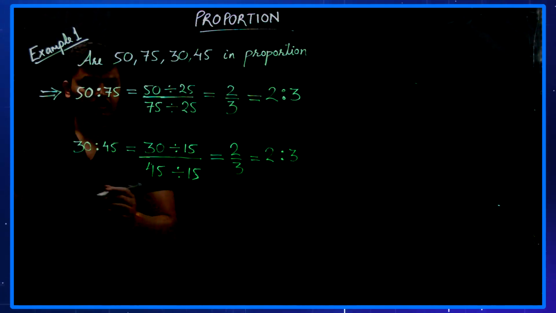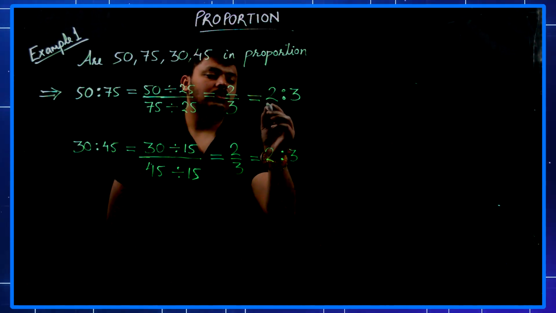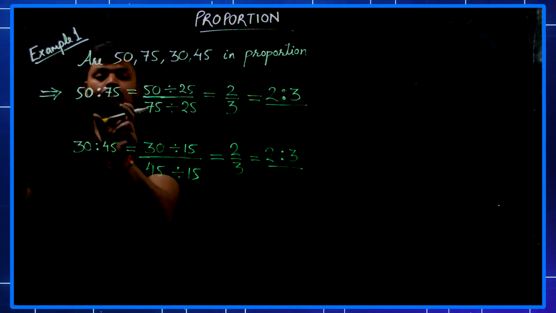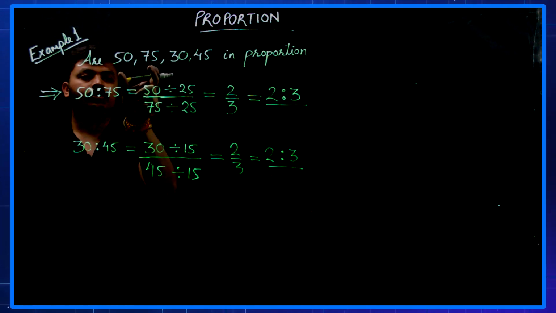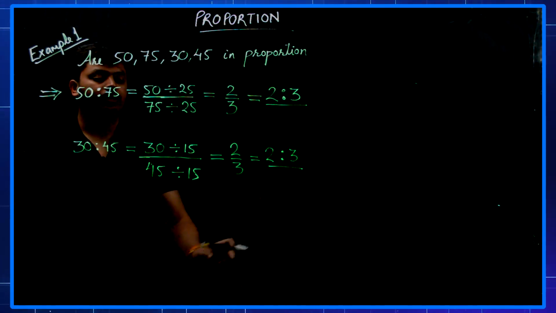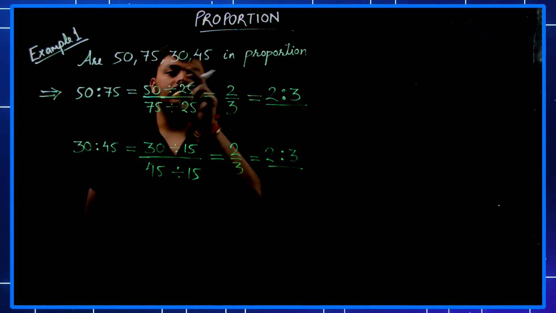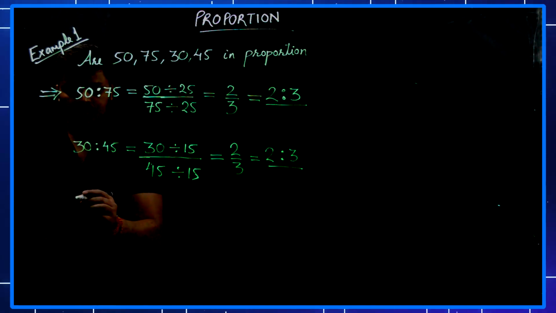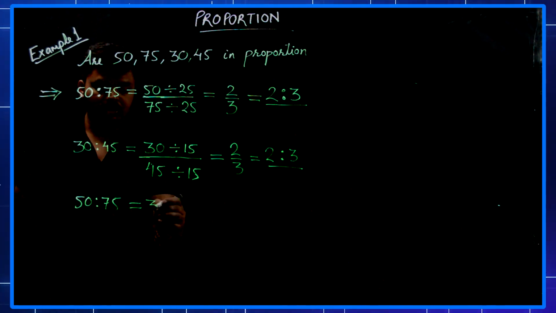So we can say, since we get two equal ratios from the given numbers, 50:75 gives us the ratio 2:3, and 30:45 also gives us the ratio 2:3. So we can say 50:75 equals 30:45.